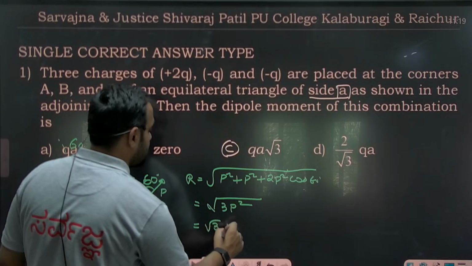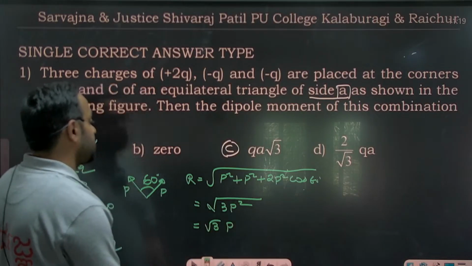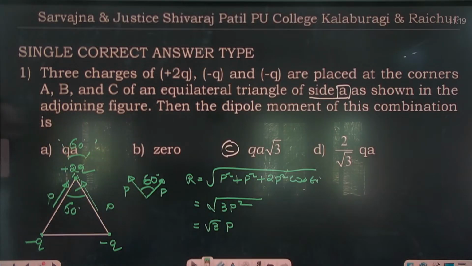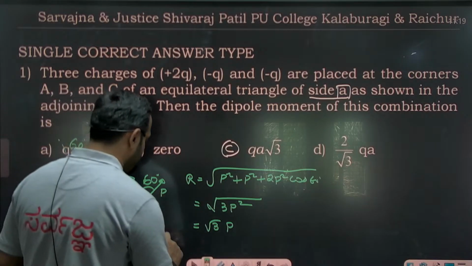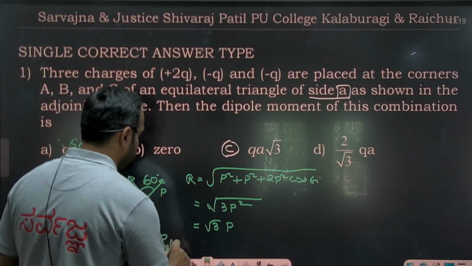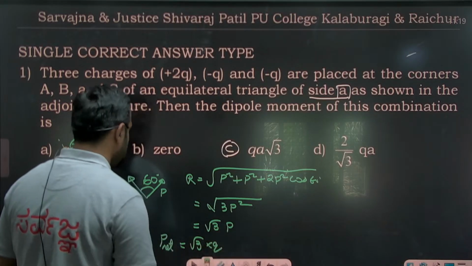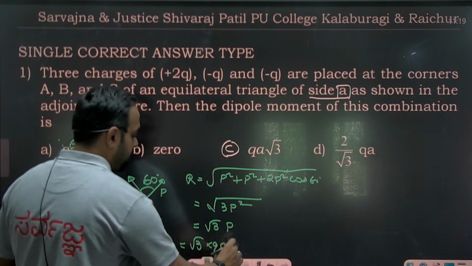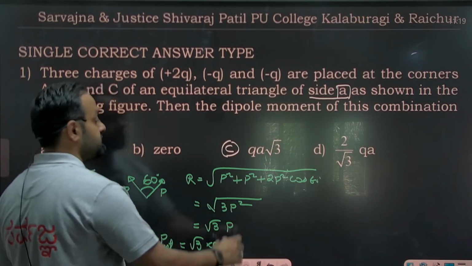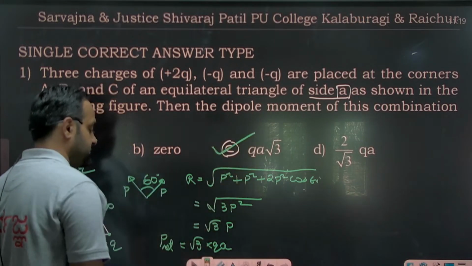Root 3 times p. Okay. Now what is the value of p? P is nothing but charge multiplied by distance between them. So net dipole moment will be equal to root 3 times q into what is the charge between them? A. So this will be option C.